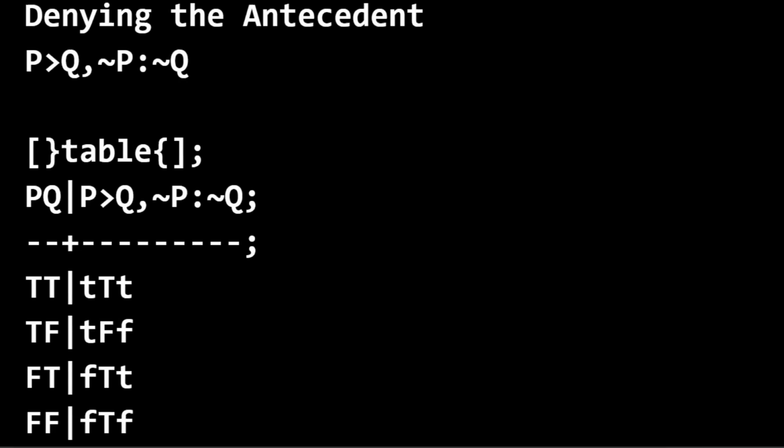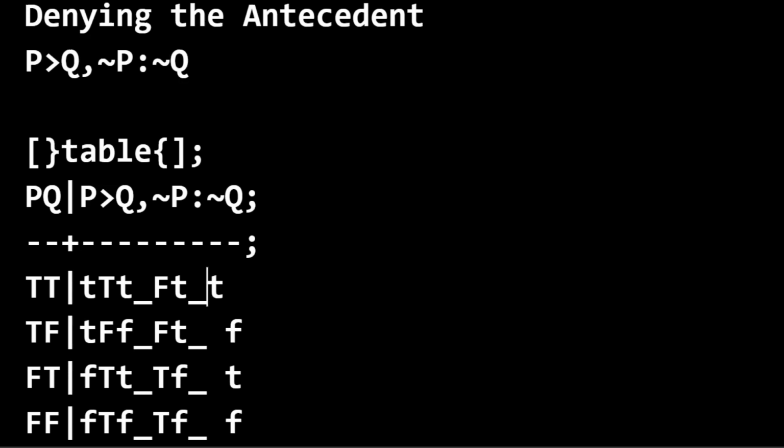That's all the same as what we had in modus ponens. I'm going to do underscore and a space and paste that down. Do the values of P, negate those, and that's going to be the dominant operation. And underscore for the logical consequence, and a space for negation. Copy over the values of Q and negate those.